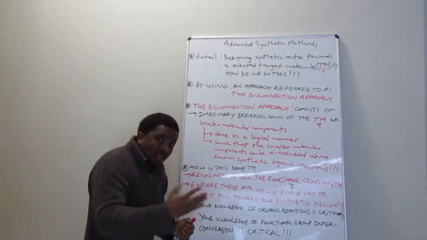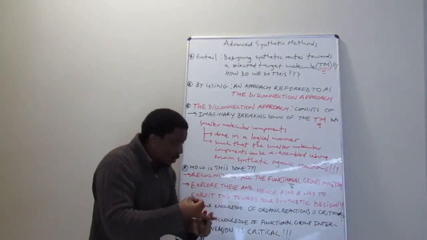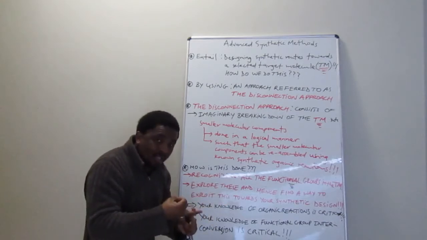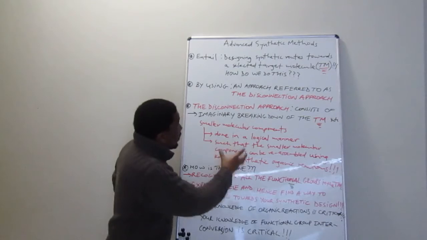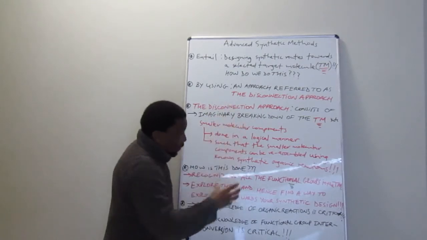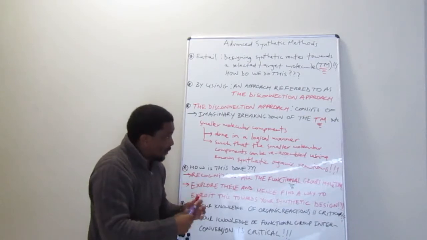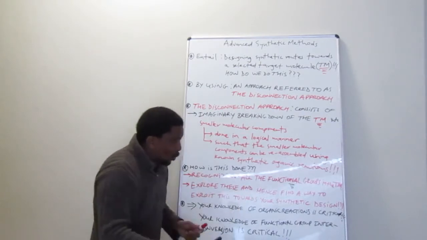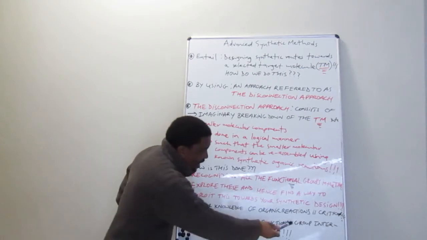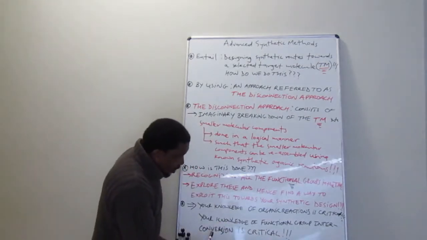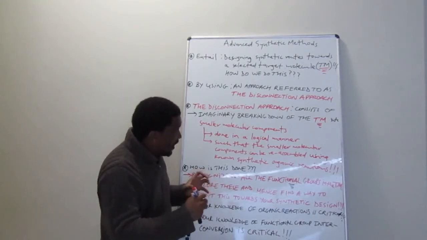The knowledge of your functional groups and of your organic chemistry reactions is critical for you to carry out this approach, as I will show you in the next class. You will see the importance of functional groups, and of a concept which we refer to as functional group interconversion. Then I'll show you. So this is very, very important.